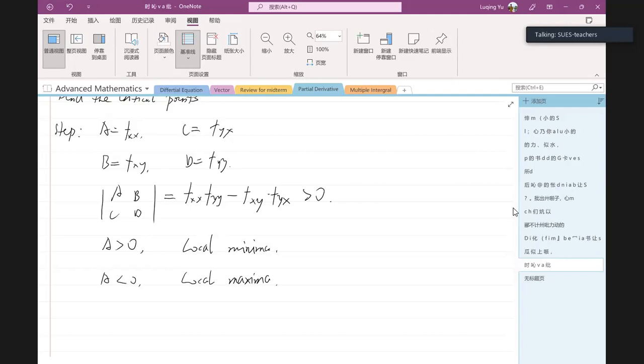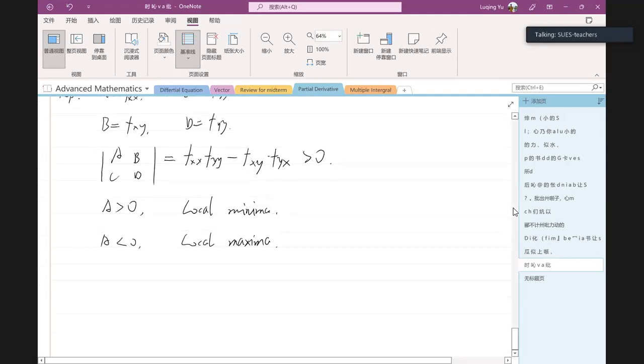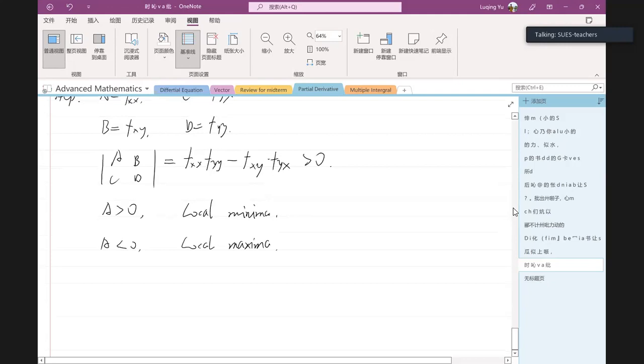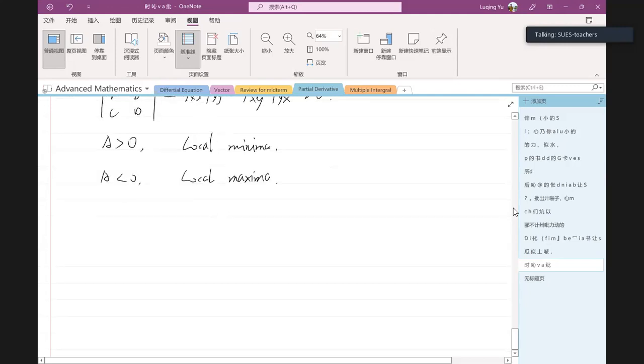Okay, so this is what we did last time. And actually, we say, okay, what if we find something within a region? So step three is when it is within a region.